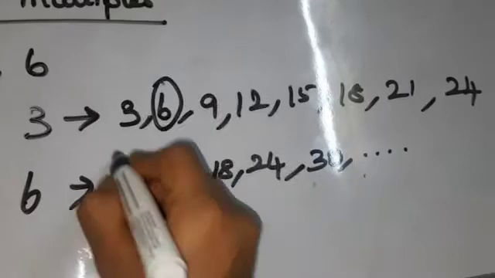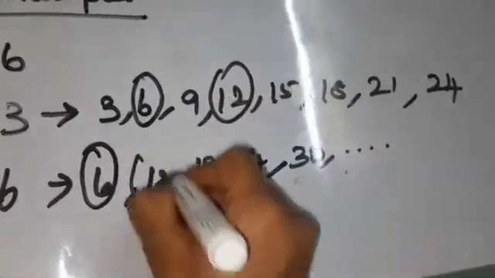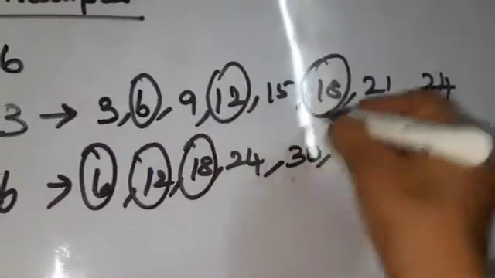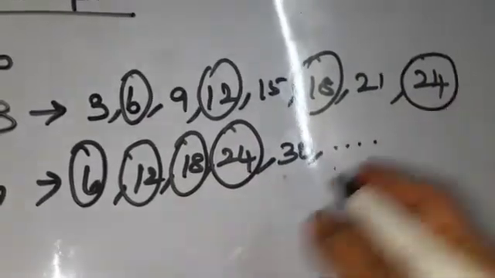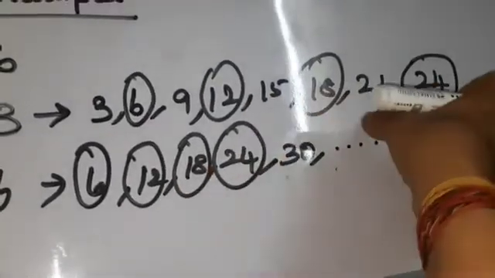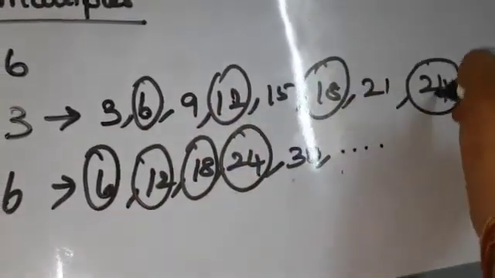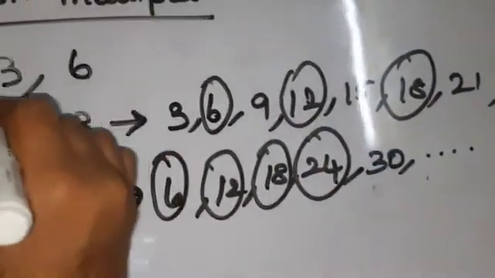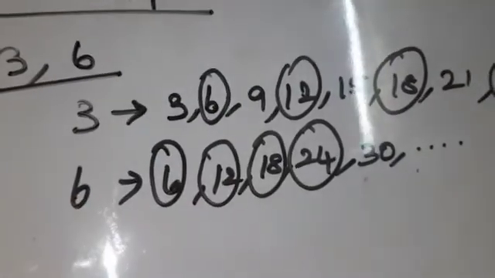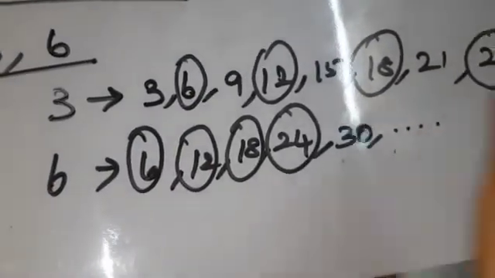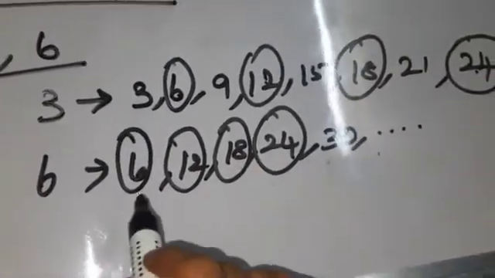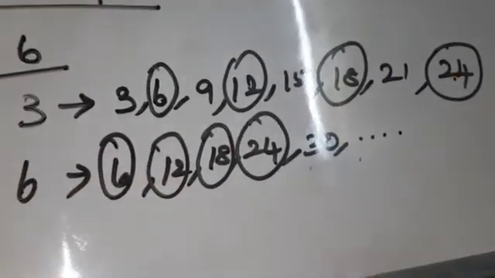So 6 is common, 12 is common, 18 is common and 24 is common. So among the numbers which I have written here, 6, 12, 18 and 24 are the common multiples of 3 and 6. The multiples that are common for two or more numbers are called common multiples.